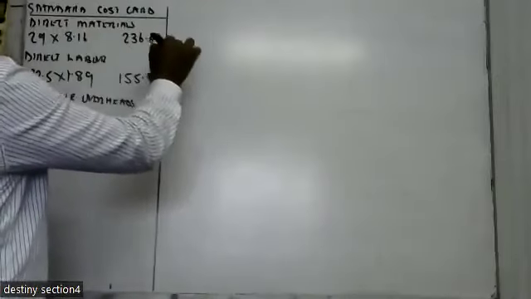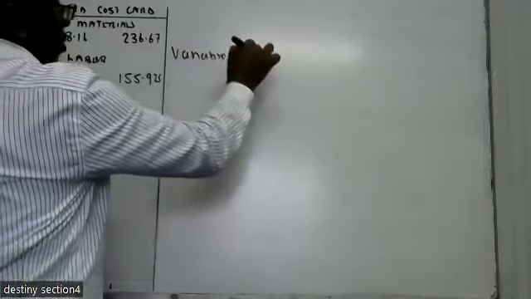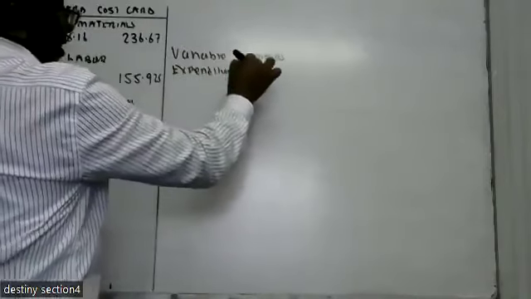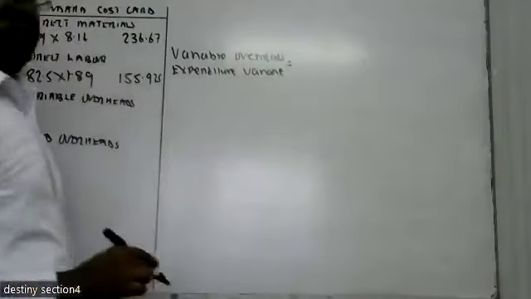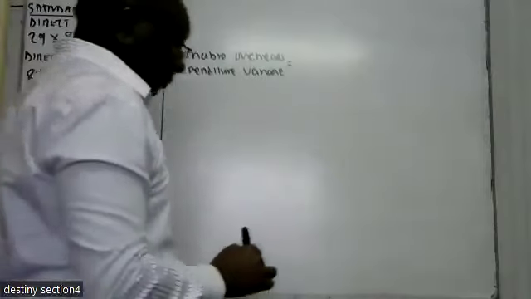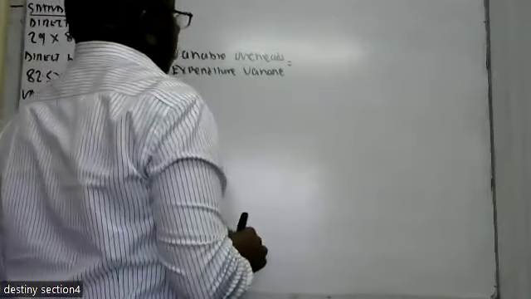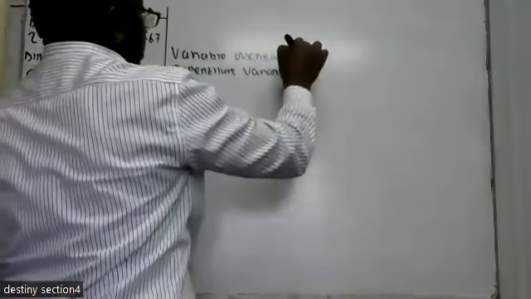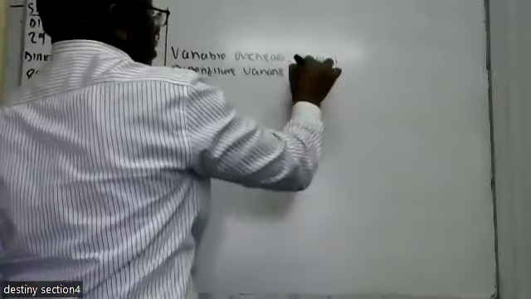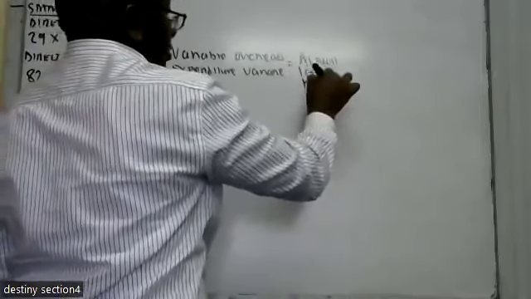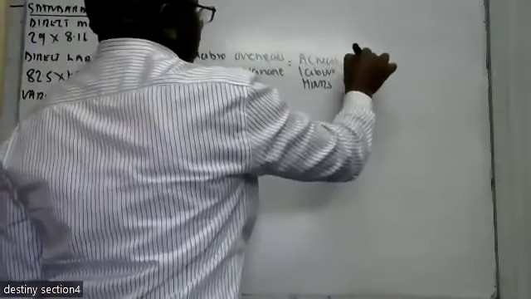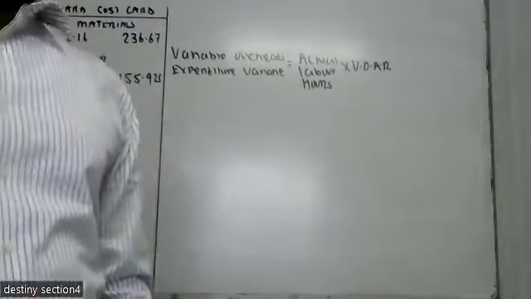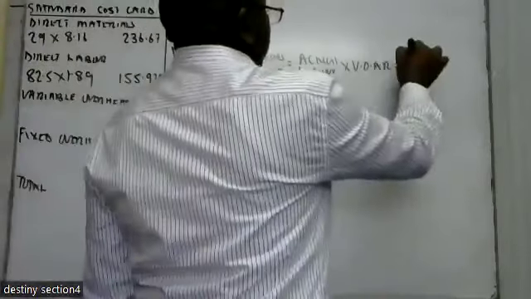So variable overheads expenditure variance is given as actual labor hours multiplied by variable overhead absorption rate, minus the actual variable overheads.